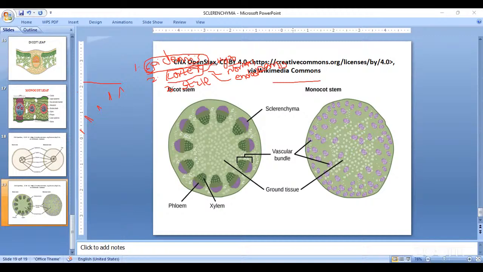After hypodermis, parenchymatous normal cortex is present. The hypodermis is without intercellular space and is made up of collenchyma tissue.